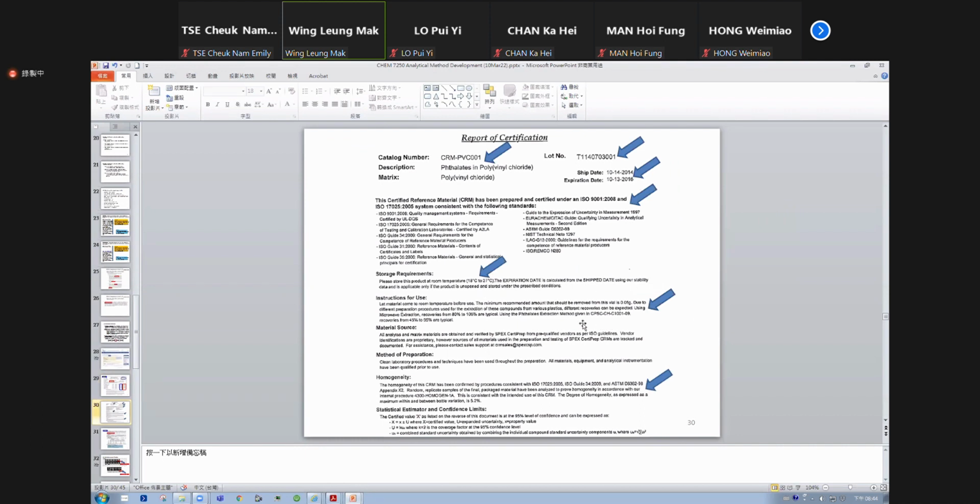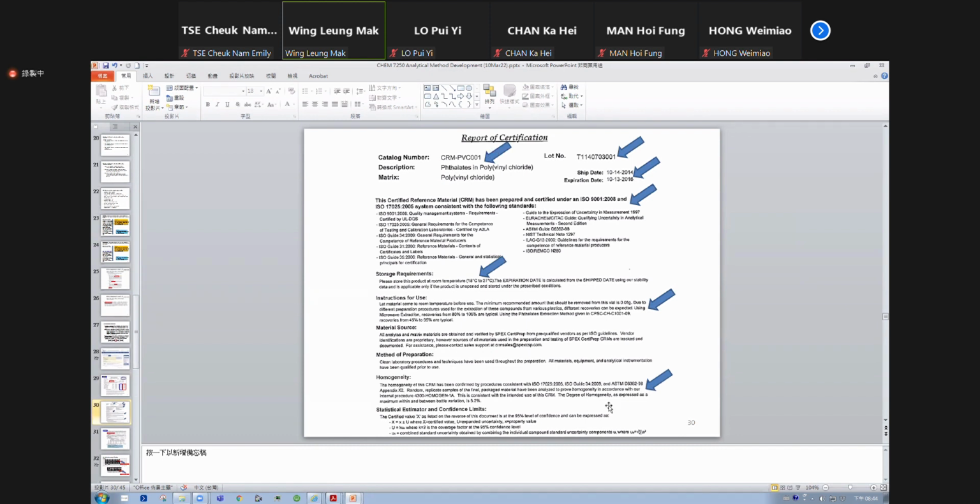Instructions for use, for example, how you can use this for which test. For example, if you want to do the method validation of this standard, you purchase this matrix CRM.